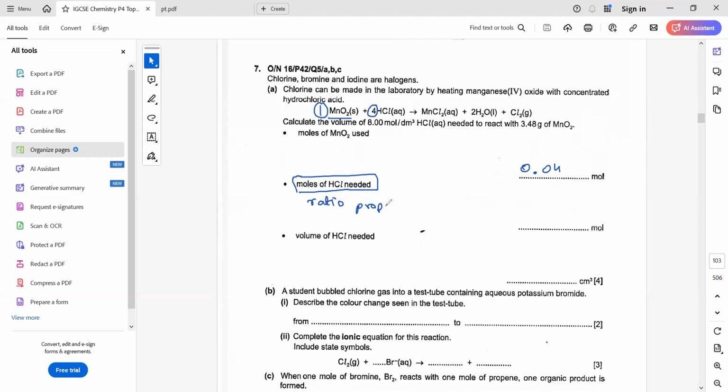I see a 1:4 ratio of MnO2 and HCl. So 0.04 moles would now produce X moles. That's what I assumed. Then I cross multiplied and got this answer. Do you get this?